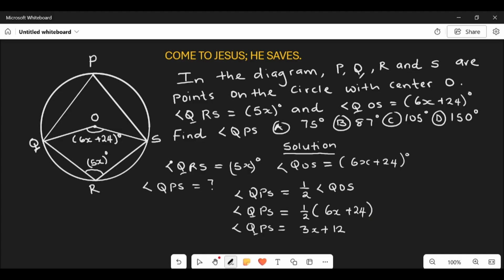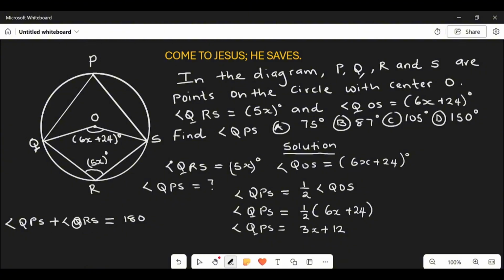So mathematically, we can say angle QPX plus angle QRS equal to 180. Our angle QPX is 3x plus 12. Our angle QRX is given to us as 5x.